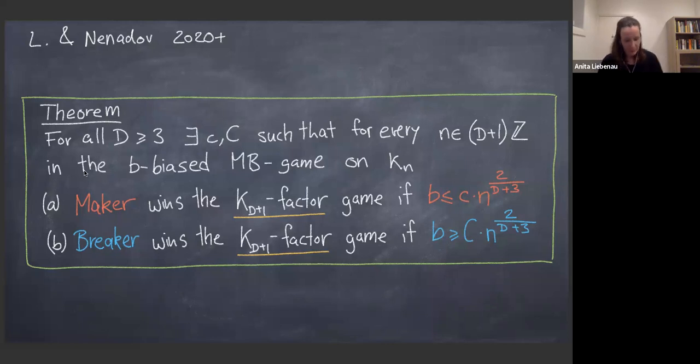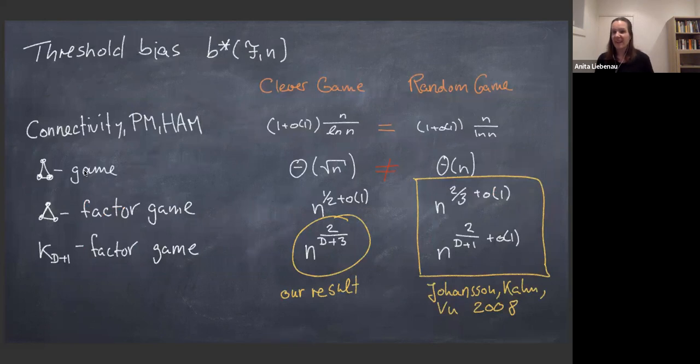Okay, so before I tell you where this exponent comes from, let's just fill out this table, which I had before. So we had these 3 spanning games, the connectivity game, the perfect matching, and the Hamiltonicity game, where the random threshold really is asymptotically equal to the clever threshold. And for the triangle game, this doesn't work.